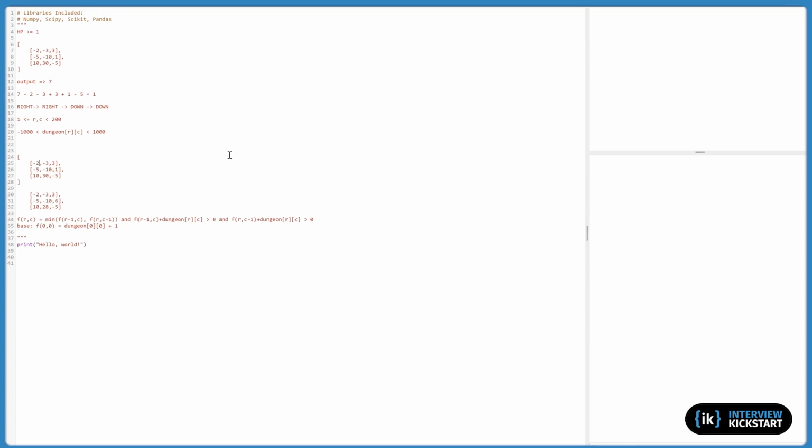That could be a positive number as well. Okay, so if dungeon is a negative number, then it's plus 1. If it's positive, then it's just 0, 0. So if negative, and this positive, then it's just that. I think that's my base case.